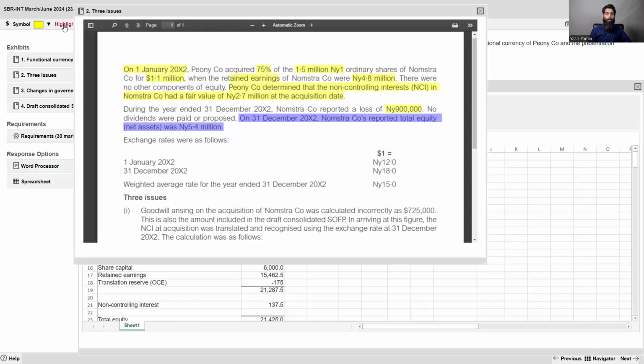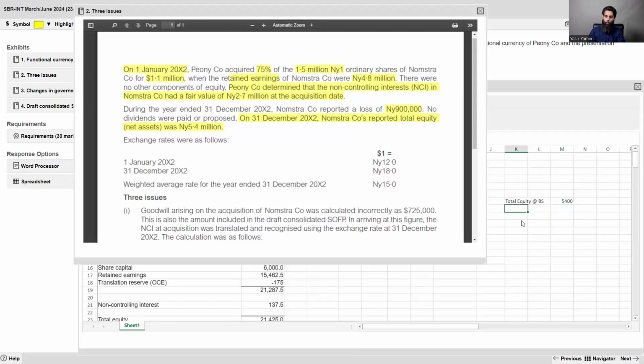Now, I have got a very tough question for you. It's not that tough, actually. Their total equity at balance sheet date is 5.4 million, or 5,400.